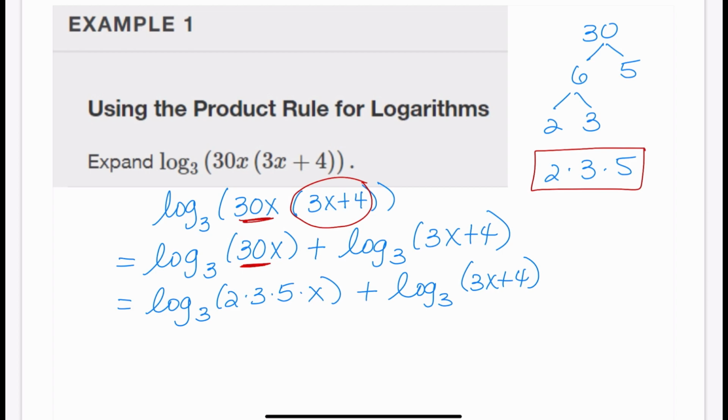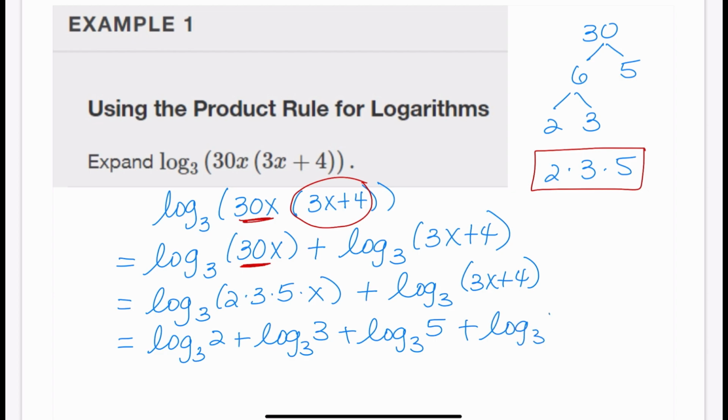You cannot break that up anymore at all because nothing is being multiplied. But here on the left, I can rewrite this as the log base 3 of 2 plus the log base 3 of 3 plus the log base 3 of 5 plus the log base 3 of x plus the log base 3 of 3x plus 4.